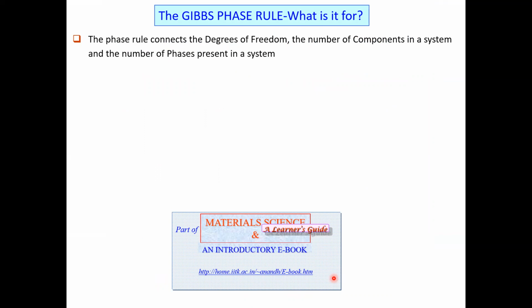It gives you a simple relationship between degrees of freedom, number of components, and number of phases. So what is degrees of freedom? These are thermodynamic variables that you can change without changing the phase of a system. You are not creating a new phase or destroying a phase. How many such thermodynamic variables are present in the system is a measure of degrees of freedom.